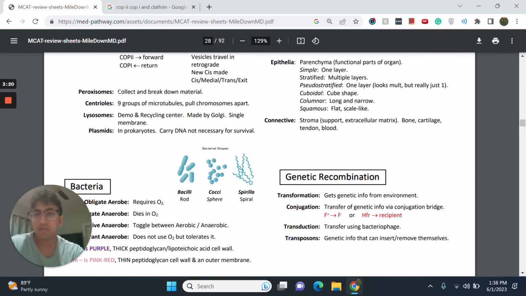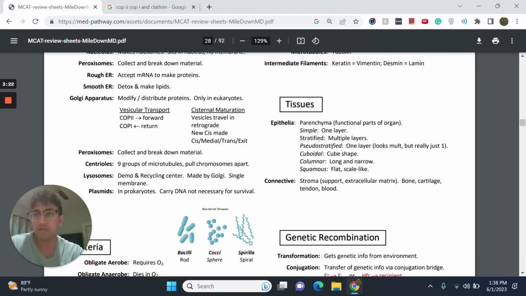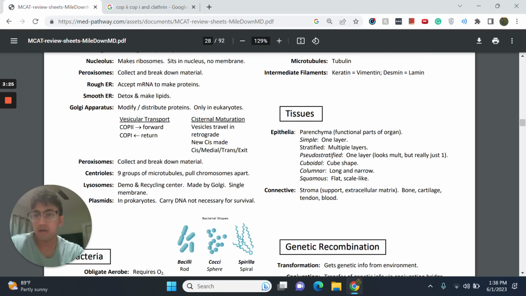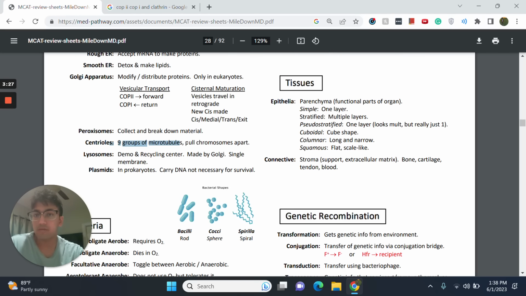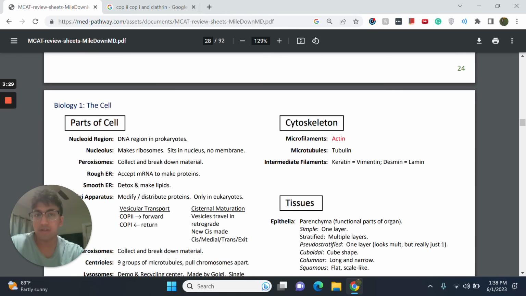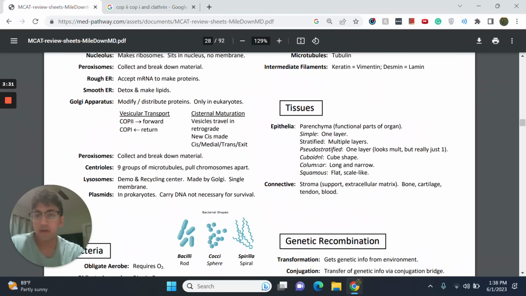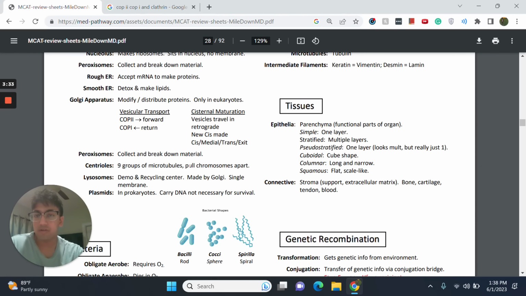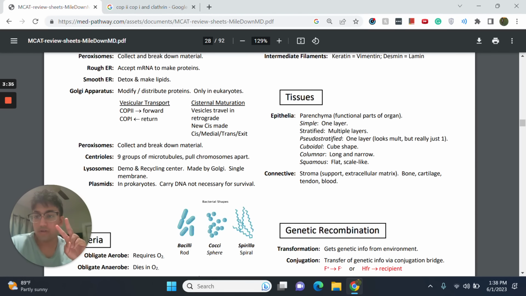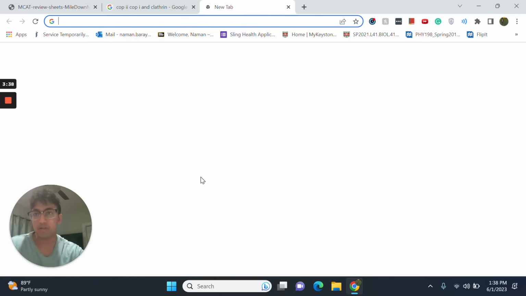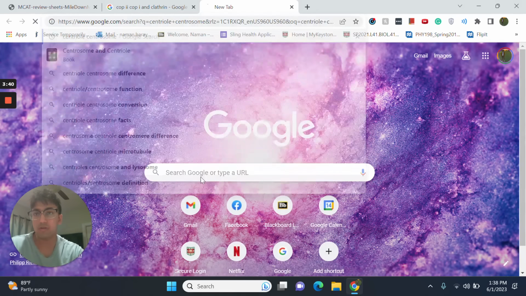Peroxisomes are responsible for collecting and breaking down materials. Centrioles are 9 groups of microtubules, which are, as we'll see, parts of the cytoskeleton. There are 9 groups of these microtubules, and 2 centrioles at right angles. I can show you a picture of this.